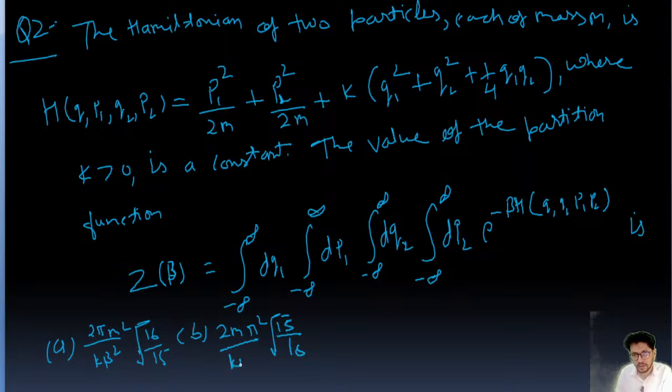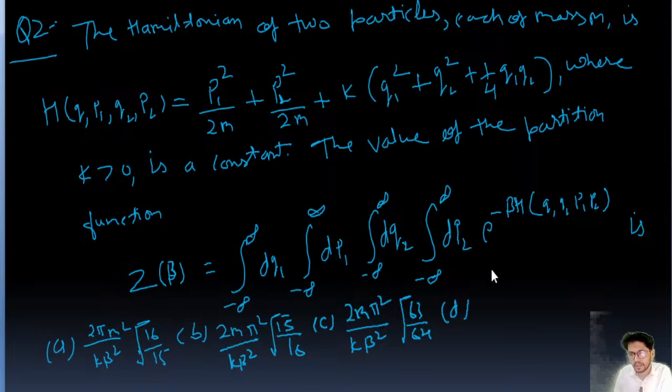Option C is 2m pi square upon k beta square, root 63 upon 64, and option D is 2m pi square upon k beta square, root 64 upon 63.